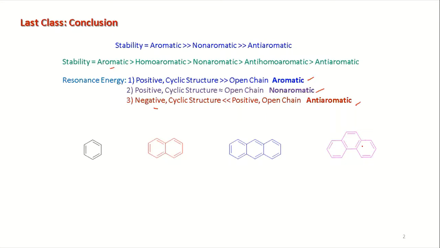We have seen their resonance energy: for benzene, you got 36; for naphthalene, it is 61 kilocalorie per mole; for anthracene, you have 84; and phenanthrene, 92.